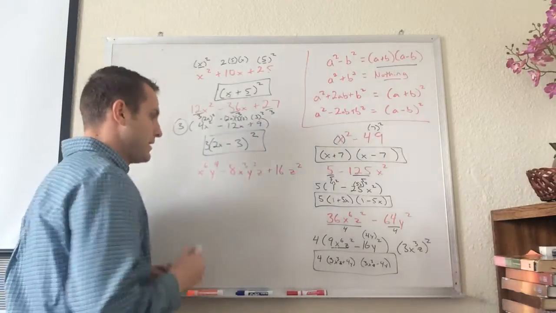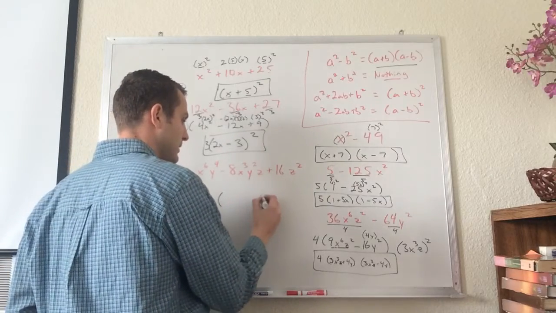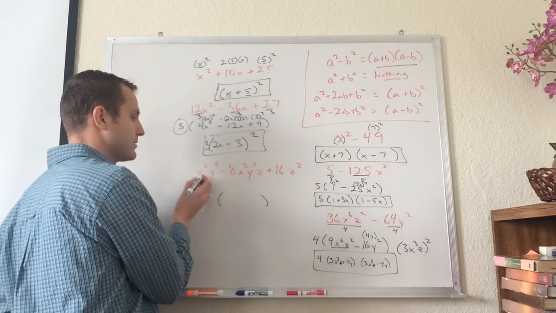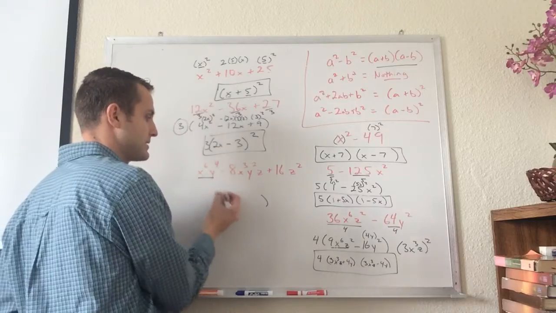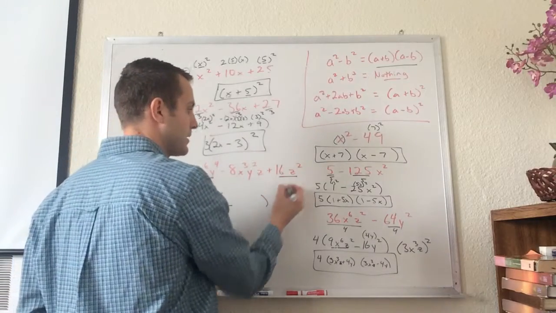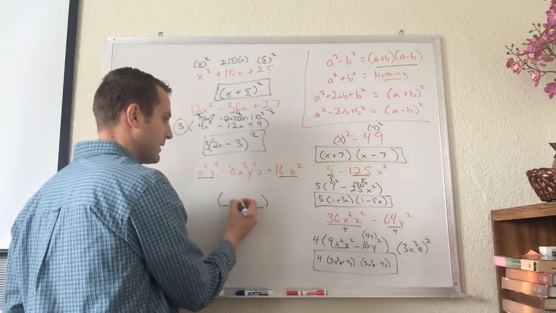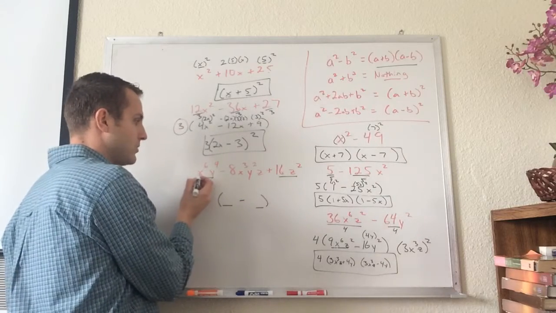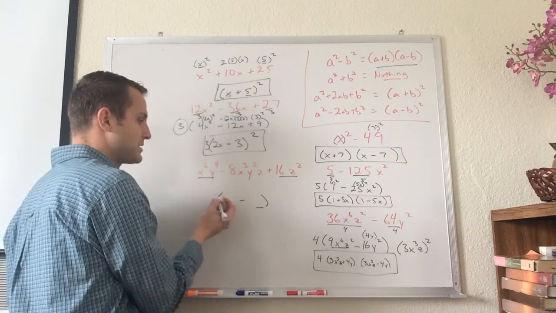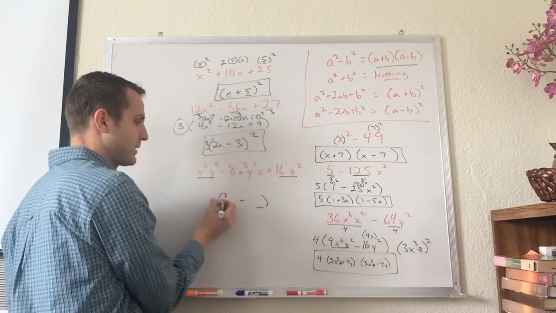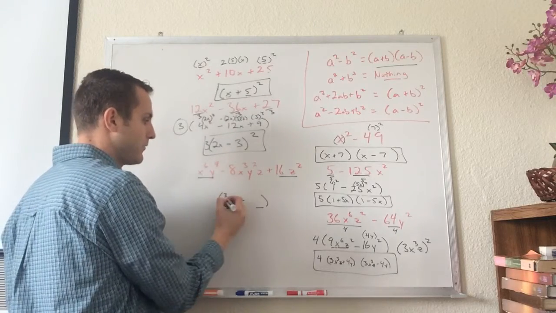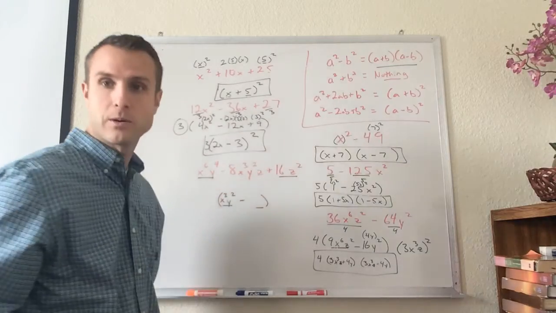So again, I know my answer is going to be whatever squared equals this is going to be my a, and whatever squared equals this is going to be my b, and it's going to be subtracting. So remember, if I have exponents, I just divide by 2. So 6 divided by 2 is 3, so it's x cubed. 4 divided by 2 is 2, so it's y squared. That's my a.